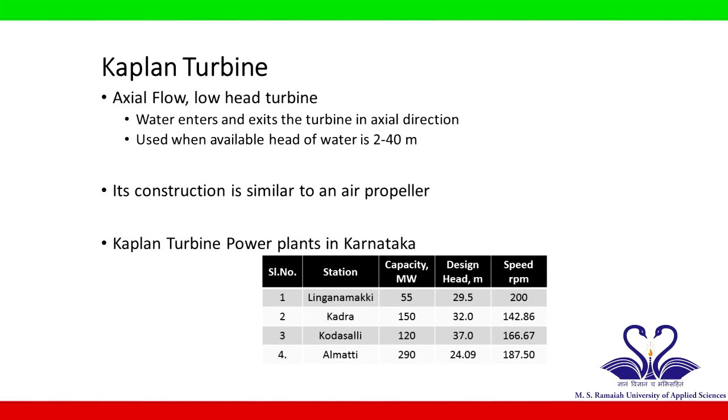In this turbine, water enters and exits the turbine in axial direction. These turbines are used when the available head of water is 2 to 40 meters. Its construction is similar to an air propeller. Linganamakki, Kadra, Alamatti dams are a few examples in Karnataka where Kaplan turbines are installed.